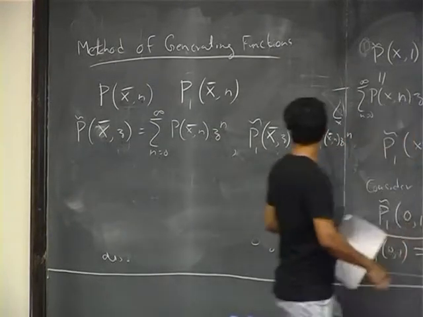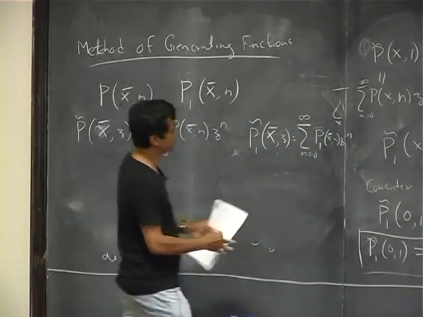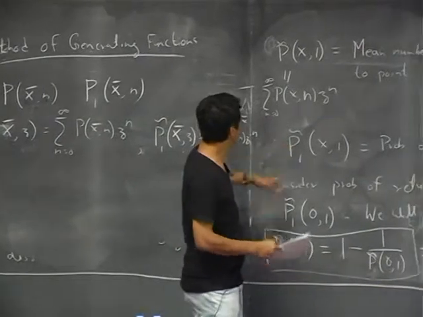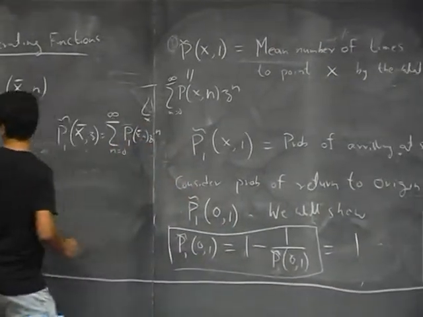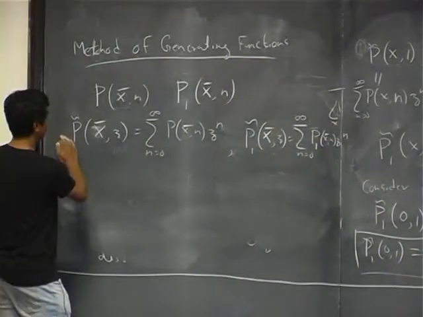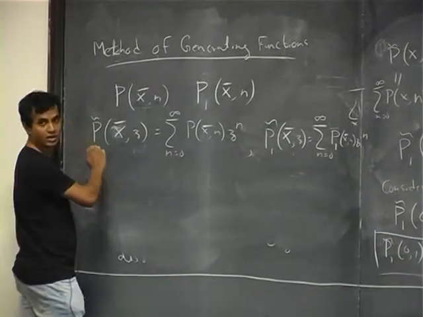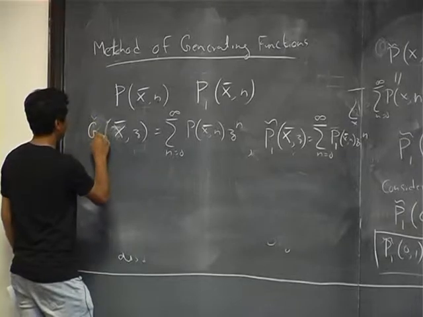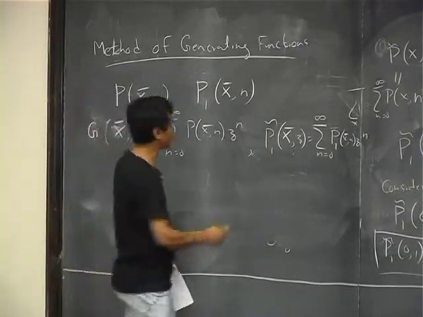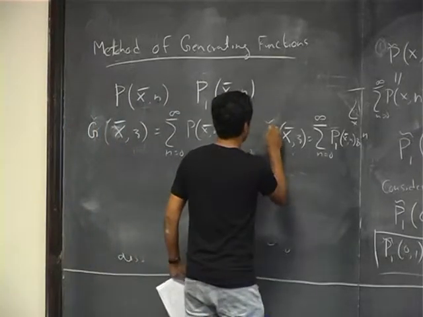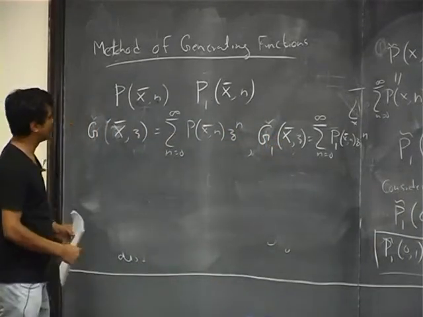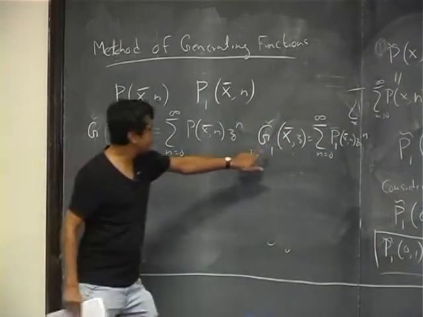So, I think this is not a good notation, so I'll change my notation a bit. Let's call this G. Usually Green's functions are called G, right? Generating function, okay. So let's call this G, and this is G1.